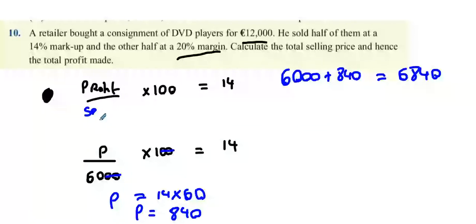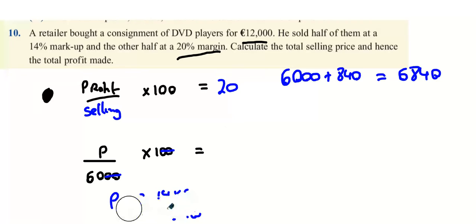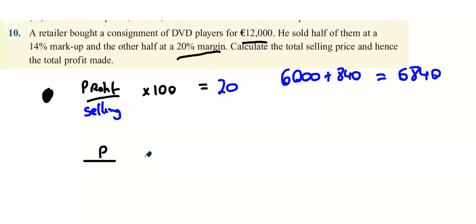Now the next one we're going to do is your margin, which is profit divided by selling price multiplied by 100, and this time it's 20%, which is 20. What we're going to do this time is, your selling price is your cost, which is €6,000, plus your profit. So 6,000 plus P, because selling price is your cost plus your profit made, and that all has to equal 20.